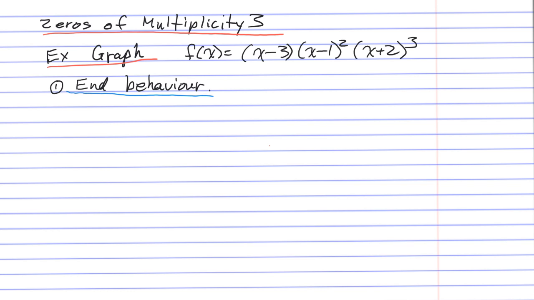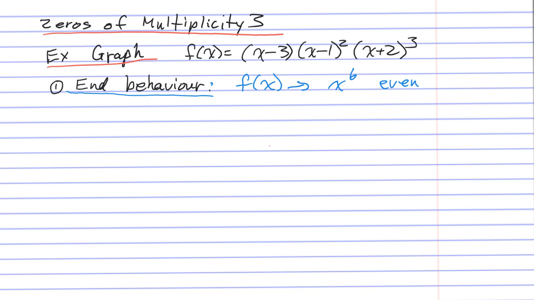Now, for this problem, we're going to go through this really quickly. Let's take a look at the end behavior. The end behavior of this problem is this. f(x) is going to turn into something that looks like x to the power of 6, which is an even function.